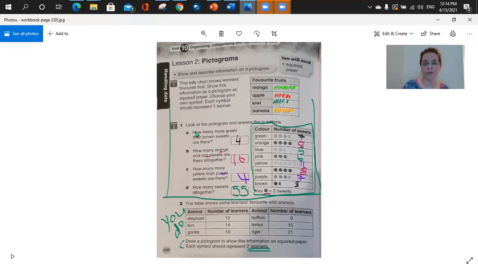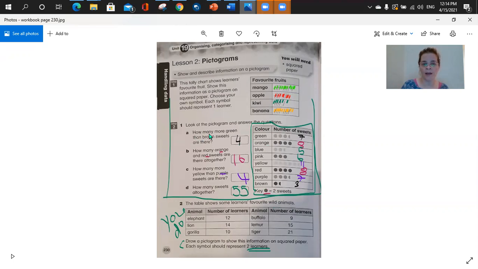Okay. Challenge 2 is look at the pictogram and answer the questions. So we know that there are 2 sweets per dot. And it should be both dots are 2 sweets, but it didn't show it like that. But anyways, one dot or full circle is 2 sweets.